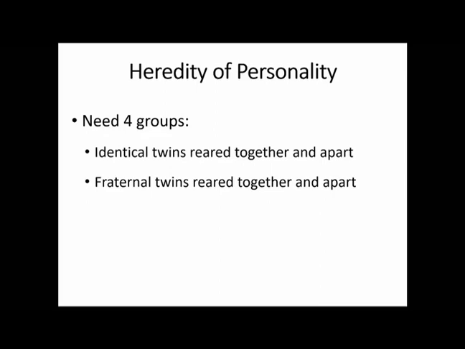So we would want to look at people who share 100% of their genetic material and either share an environment or don't share an environment. And then we would also have people who share only half of their genetic material, and then again, shared or unshared environment.